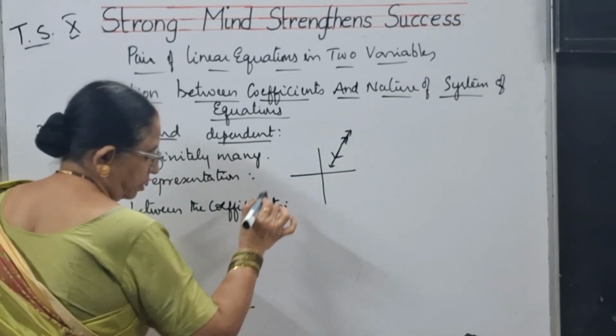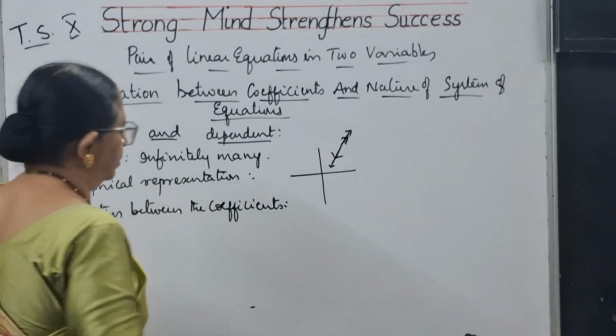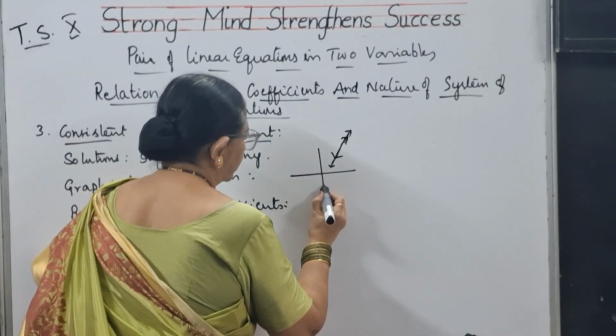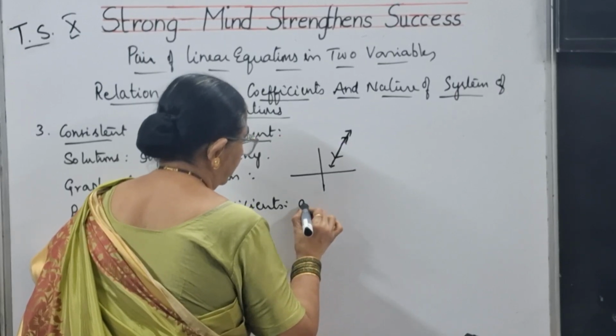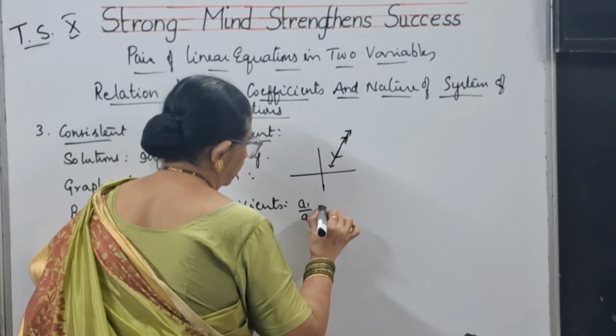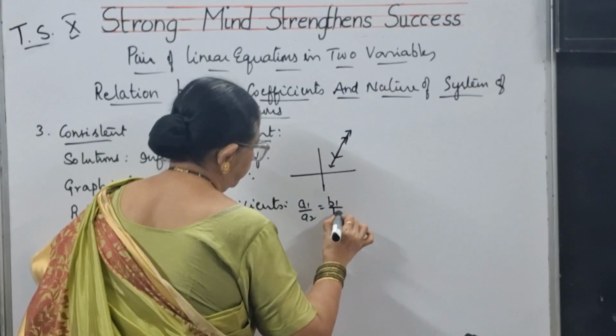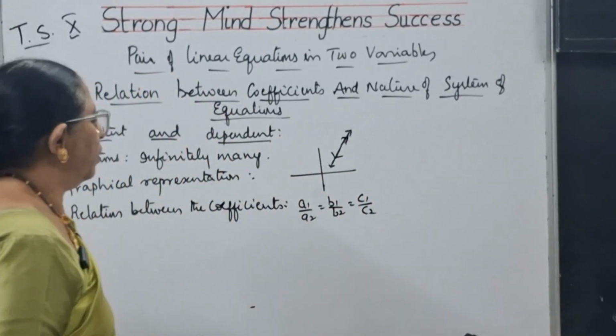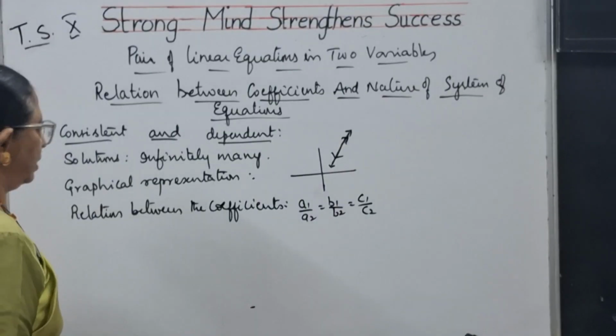The relation between the coefficients is a1 by a2 is equal to b1 by b2 is equal to c1 by c2. All the three should be equal.